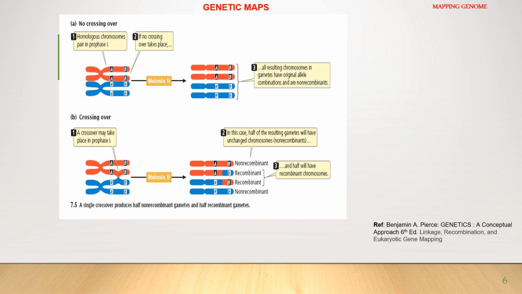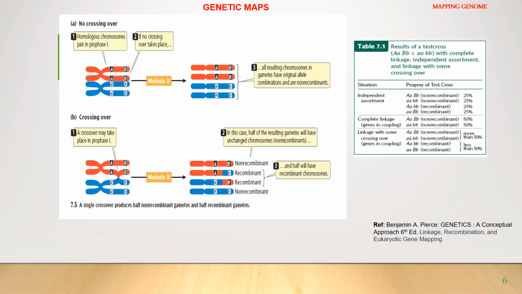A test cross is generally done to demonstrate whether the genes on the chromosomes are linked or not. Alleles segregate during meiosis. If alleles are completely linked and are in coupling phase, only parental types would be formed in equal proportions, that is 50% each.